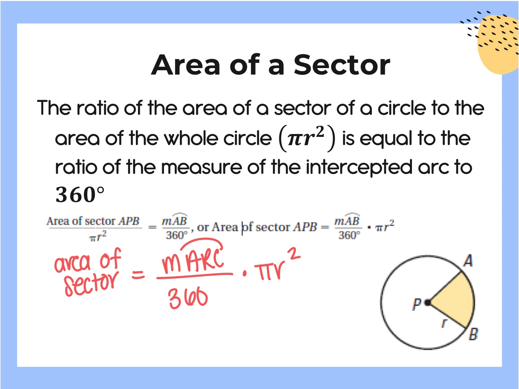I'll highlight what all of this information is. The measure of your arc is this measure right here. And then the measure of your radius is whatever radius measure they're giving you. They could be giving you one measure of the radius, they could be giving you both, but remember, you only need one.